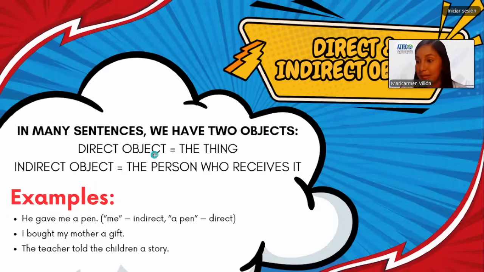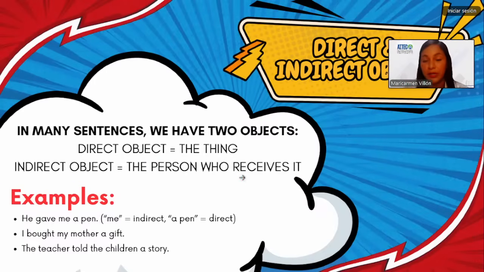Direct object is the thing. Tengamos en cuenta esto. Direct object es eso, el objeto, algo, ¿no? Mientras tenemos acá indirect object, the person who receives it, la persona que lo recibe. ¿Ok? Direct object, the thing, and indirect object, the person who receives it.